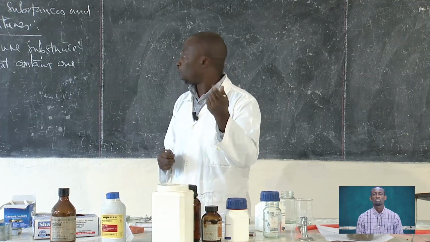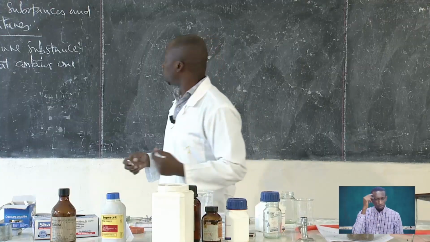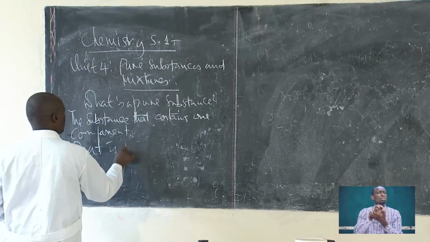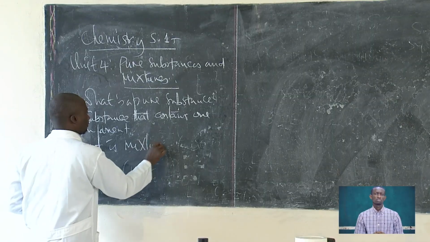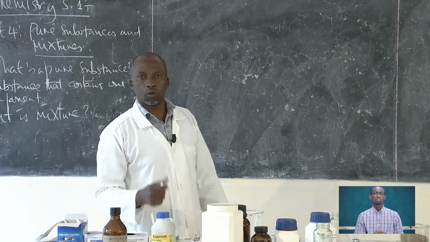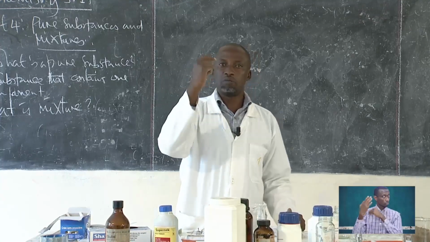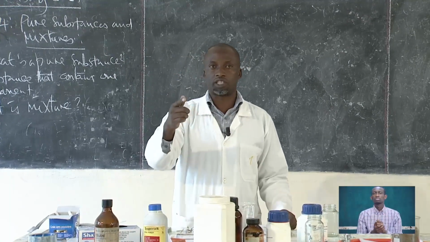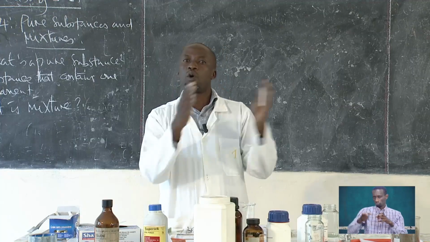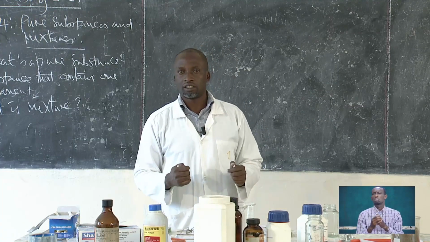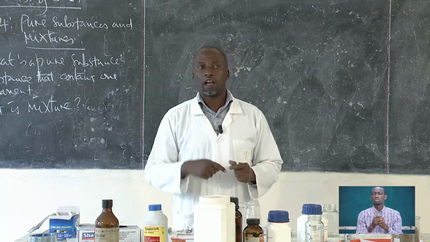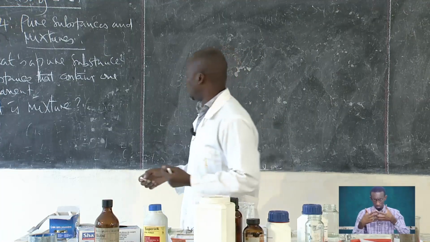You remember what a mixture is? We also defined what a mixture is. Well, we said that a mixture is a substance that contains more than one component, which is physically combined together and not chemically combined together.